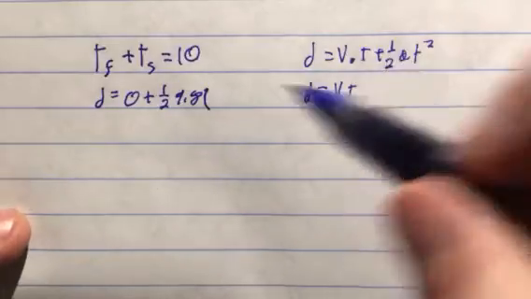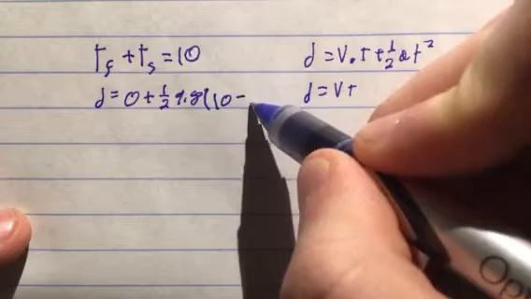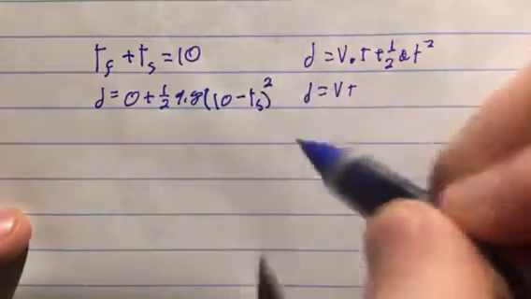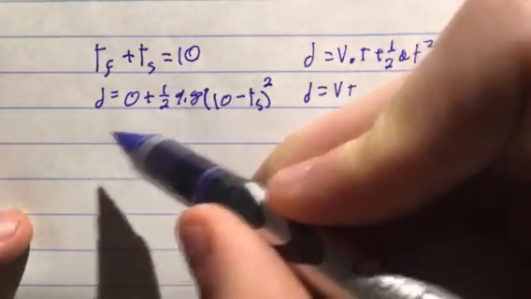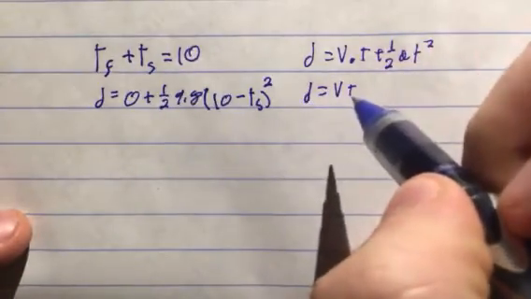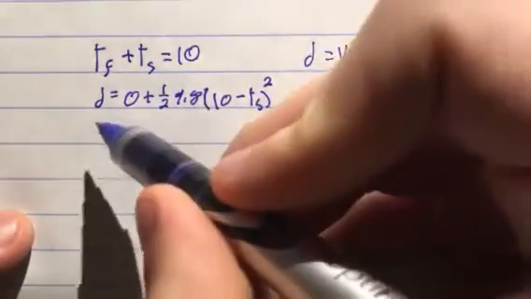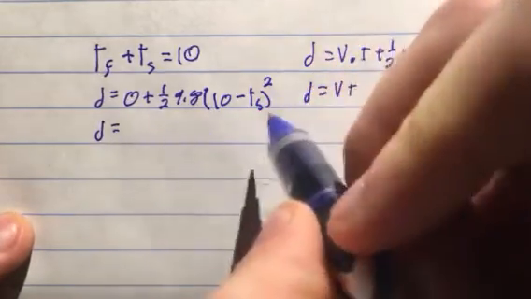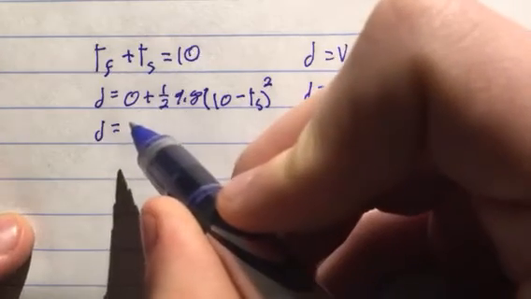So that time is going to be equal to 10 minus TS, squared. Okay, so now we have the time and distance for the sound. It's going to be the same distance because it's going the distance that the cliff is tall. So that's what we're solving for.